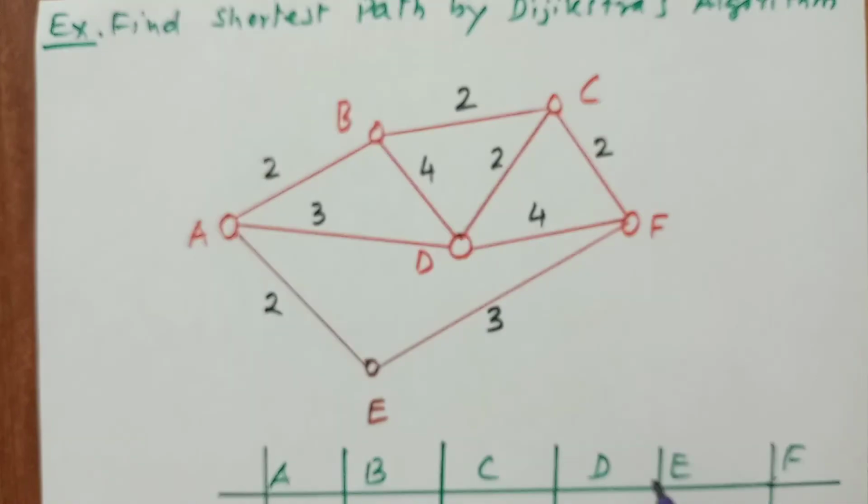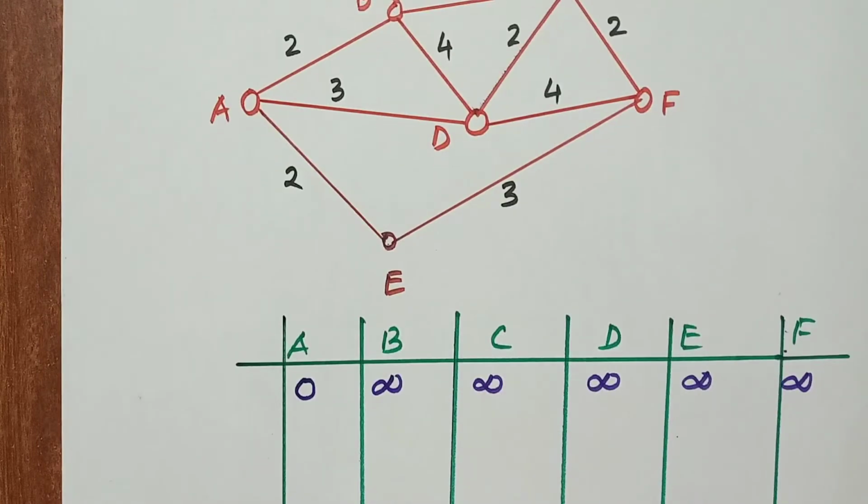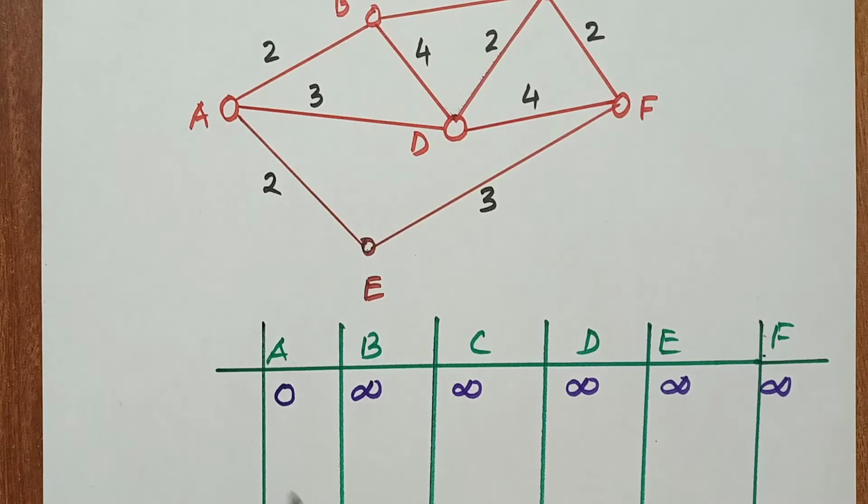Here the source vertex is A, so we put 0 there and infinity at the remaining vertices. Now we see the smallest value, which is 0. So we mark 0 and write the vertex below this column, here A.